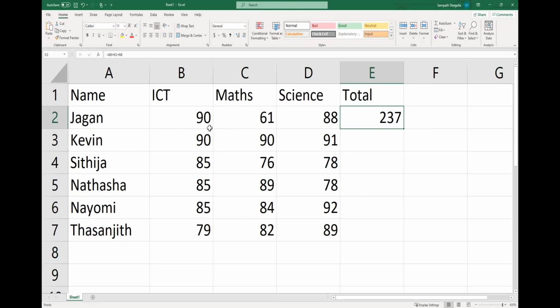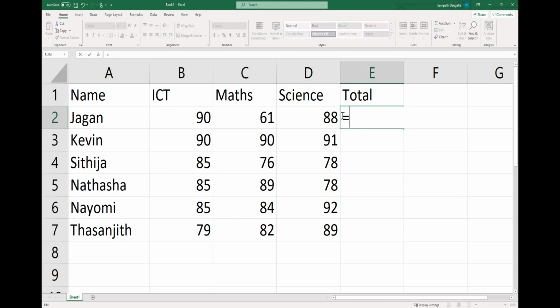Now, instead of this, the best possible way is to tell which cell you are referring to. So when you're writing equations, remember, we will not say 88. We will refer to the cells, and remember the equal sign. So I'm going to change this. Instead, I'm going to use the cell address. What is the cell address for Jagan's ICT marks?